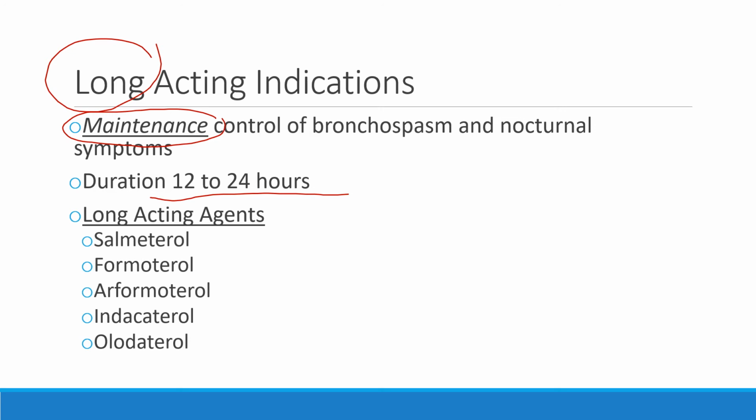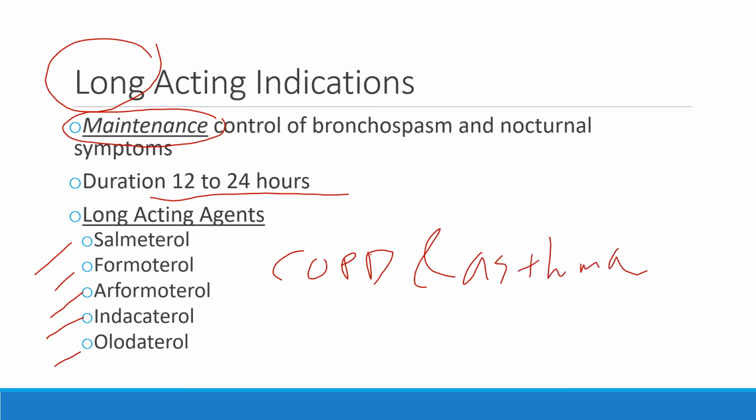Some of these long-acting agents are salmeterol, Serevent, formoterol, arformoterol, indacaterol, and olodaterol. They're primarily for your COPD populations, and you'll see some asthma as well. These are primarily for chronic conditions, not acute episodes. And you need to know your dosages and brand names for these as well.